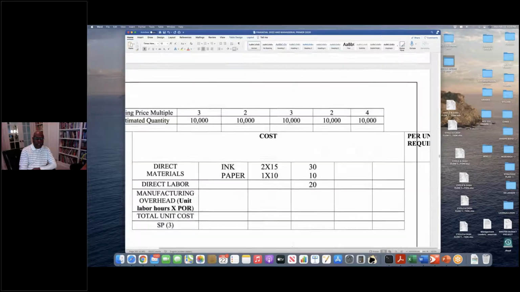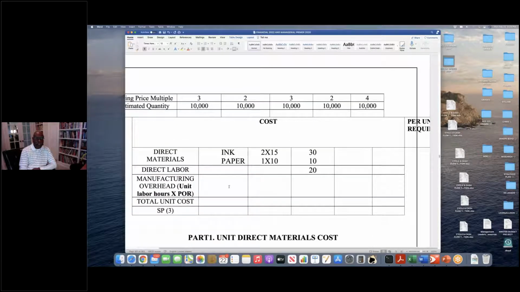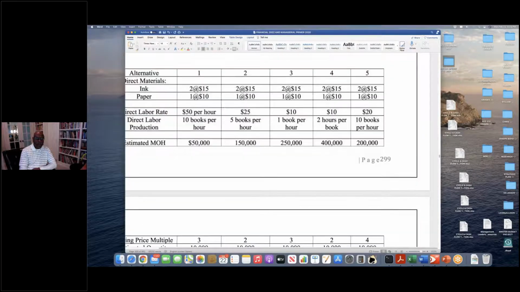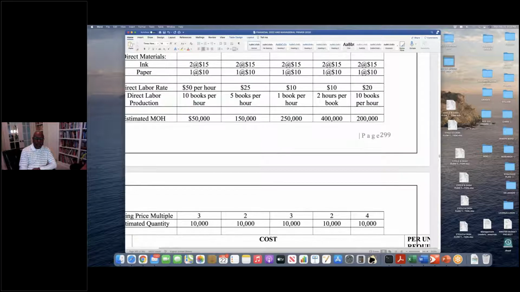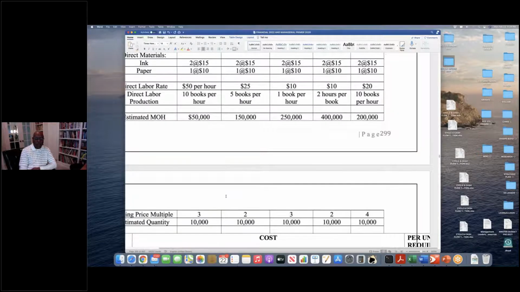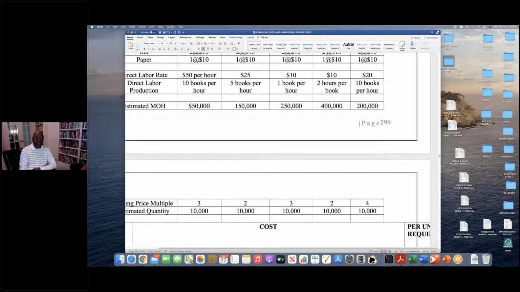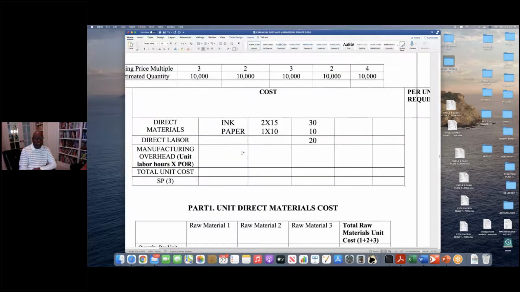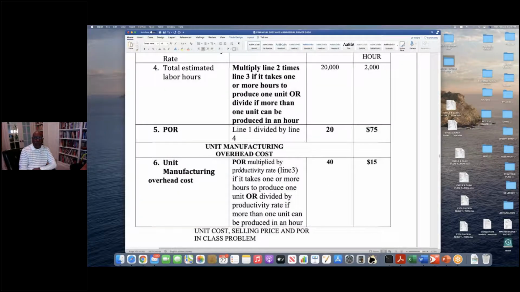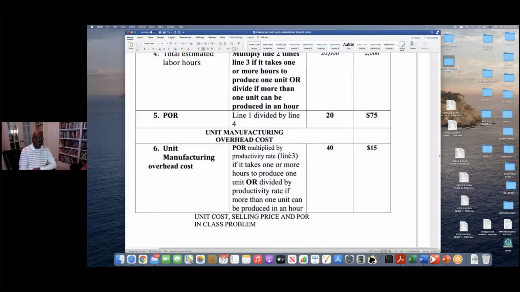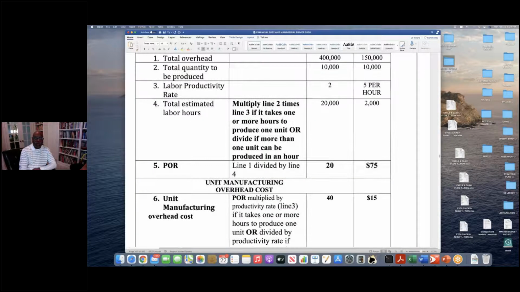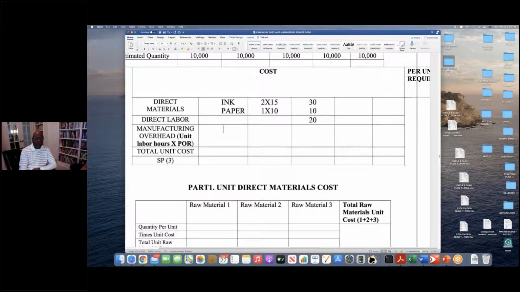So when we go now in here, now the multiple is 2. And the overhead, we said it takes 2 hours, so we have a 2 here.